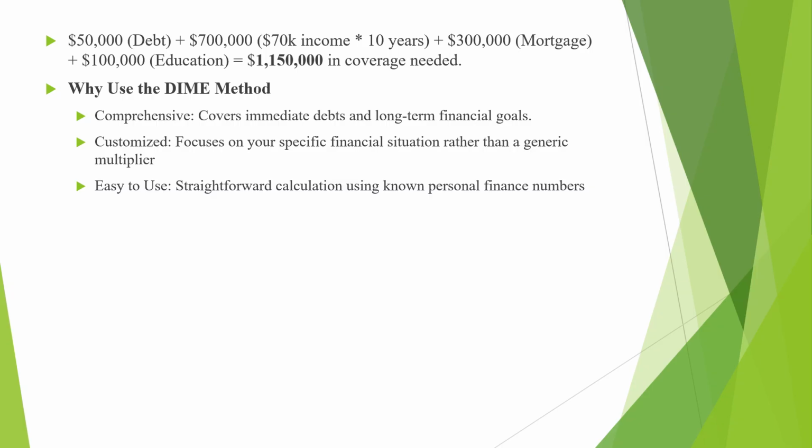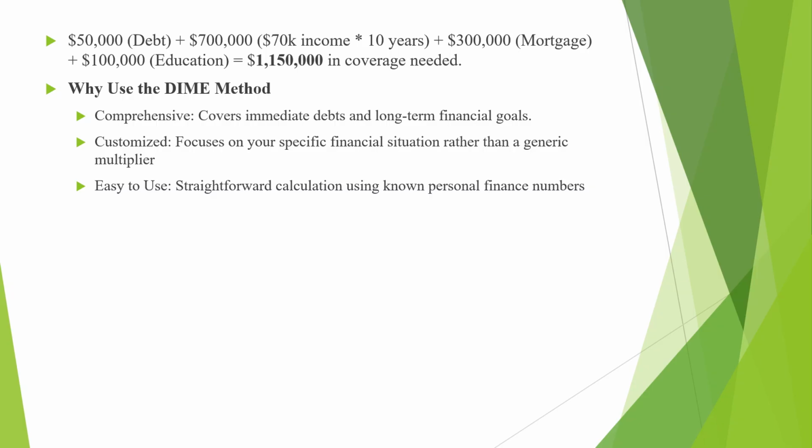Always try to select the coverage that you need, not what someone suggested or told you that you need. So always go with the DIME method, think smartly and choose your coverage accordingly.